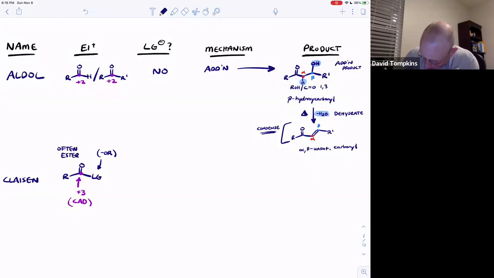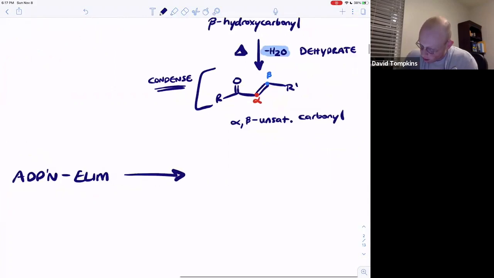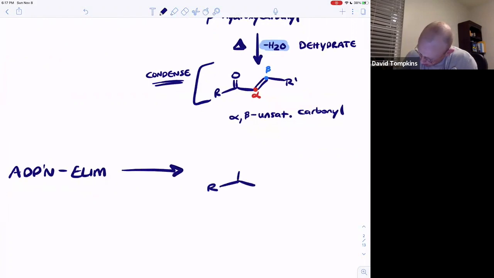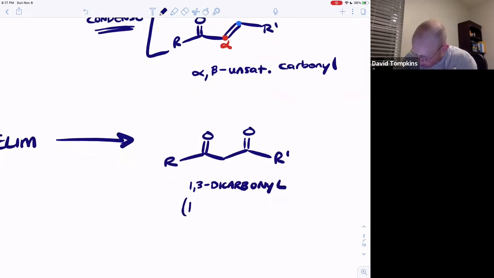But technically, a Claisen type reaction could involve a chloride or something as the leaving group. Because there is a leaving group, the mechanism is addition and then elimination of the leaving group, leading to this product, where the carbonyls are 1,3. So this is a 1,3 dicarbonyl, but you'll see other synonyms for that, such as beta dicarbonyl.